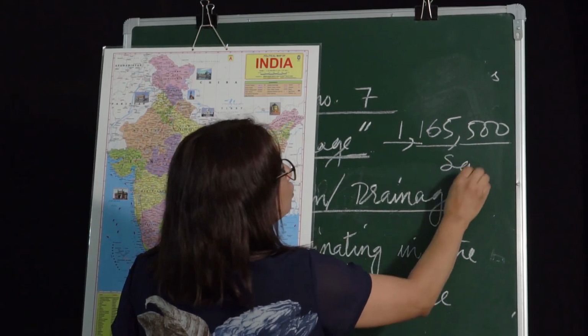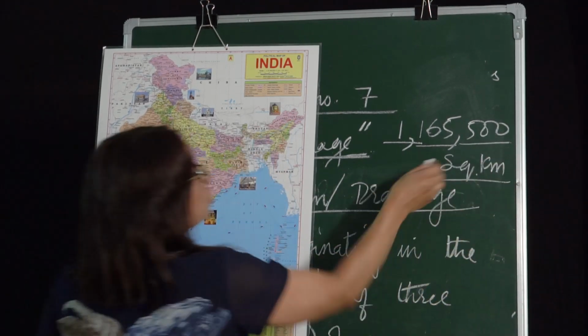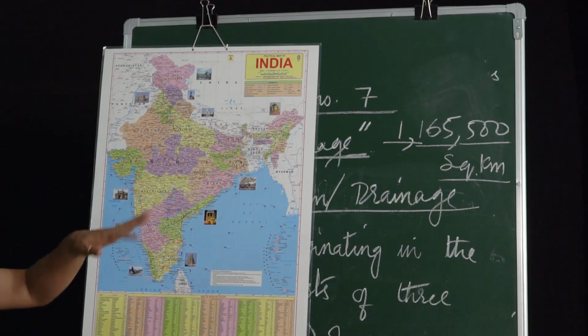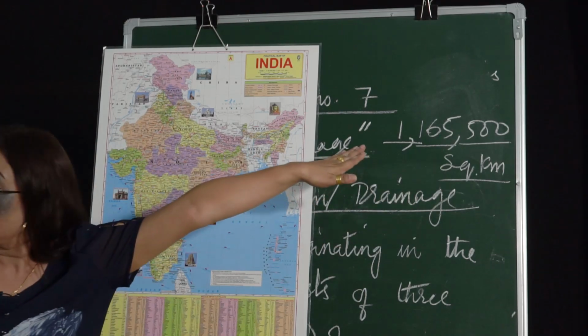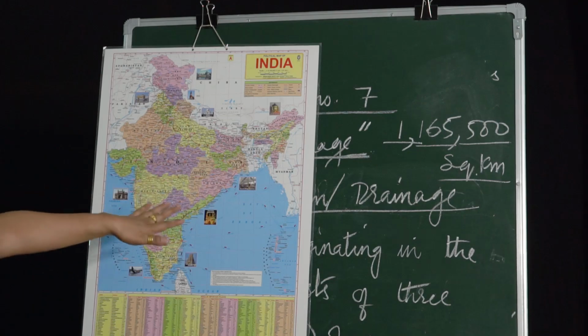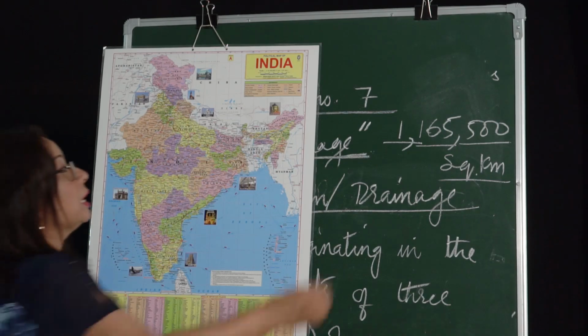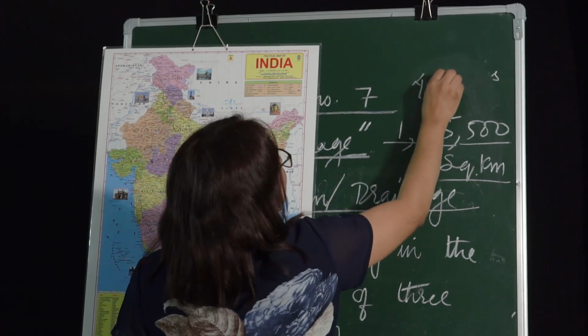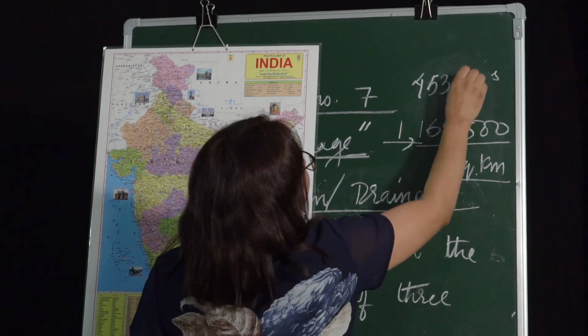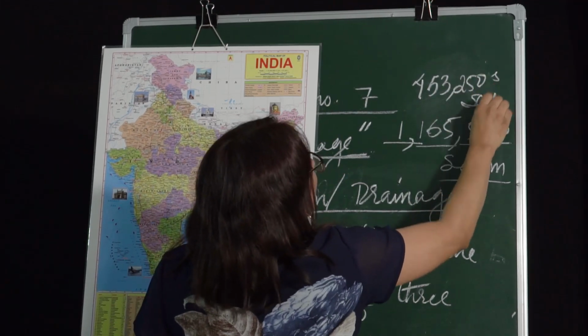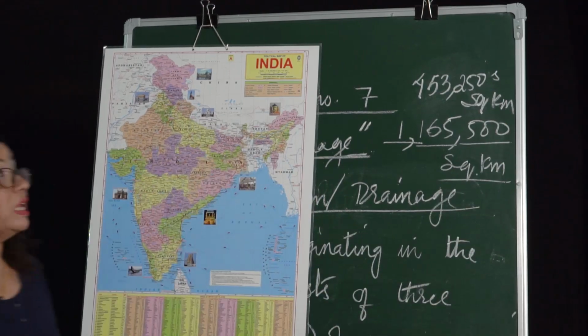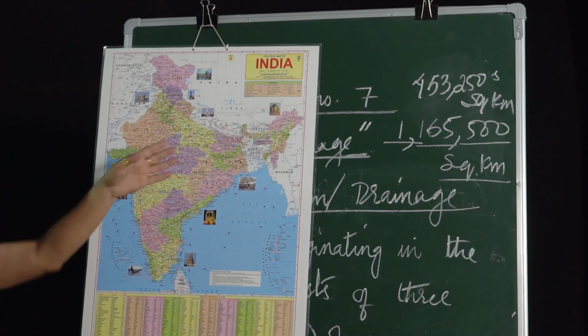1,165,500 square kilometers. This is how much area the Indus drains, that means this river flows through this much area of land, and out of this, 453,250 square kilometers of area is in India, where the river Indus flows.